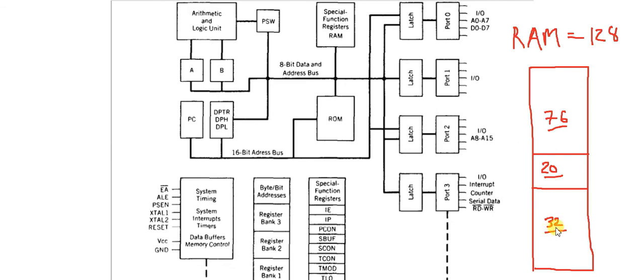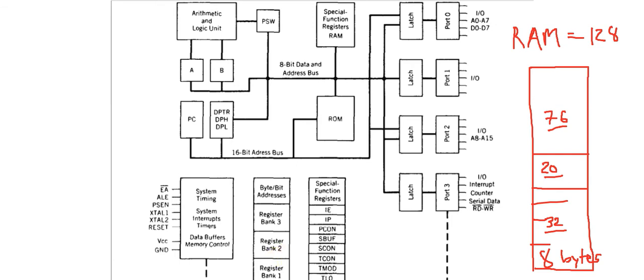So this is the 32 bytes. It is again divided into four parts, 1, 2, 3 and 4, and each part contains 8 bytes. These 8 bytes are known as a register bank.